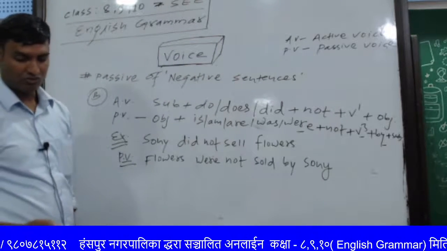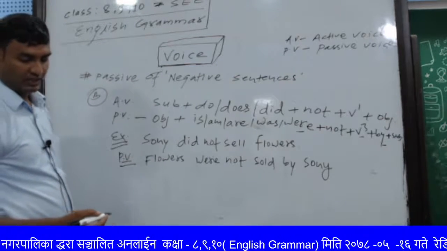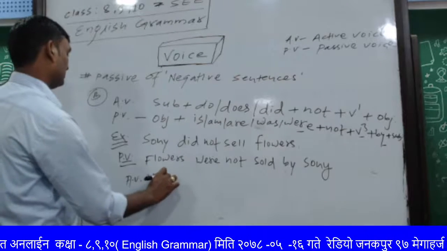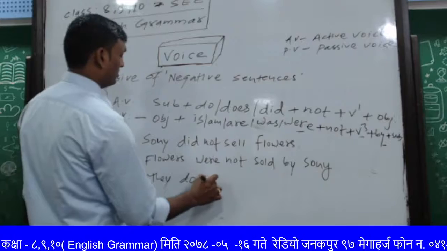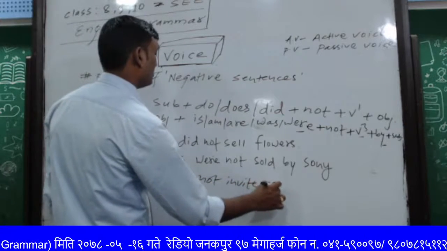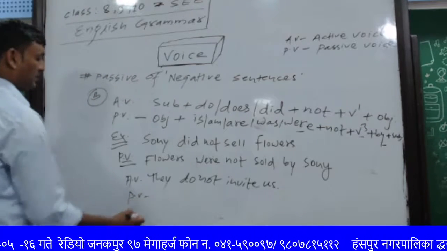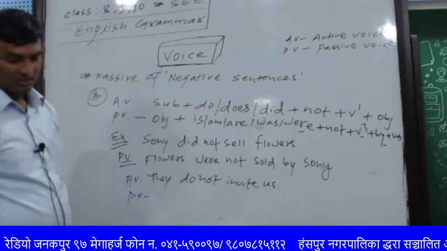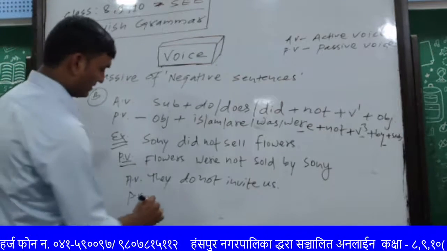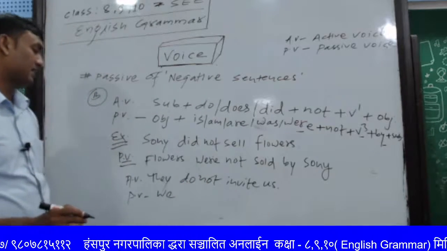Another example I am going to write: they do not invite us. The passive voice of this sentence: us changes into we in subjective case, and do not means simple present tense.